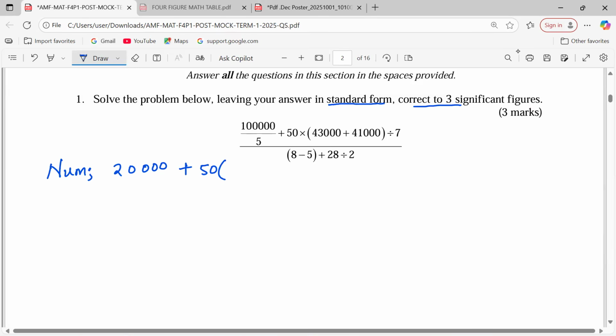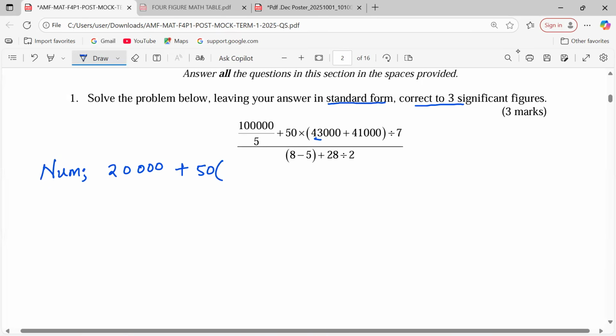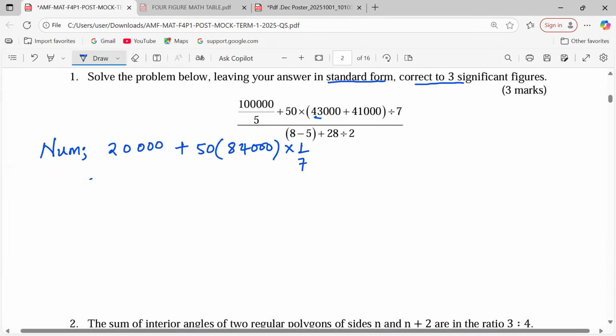So 50 multiplied by 43 and 41 added gives us 84,000. Then this should be divided by 7. We multiply by 1/7. So 50 times 84,000 divided by 7, that gives us 600,000.